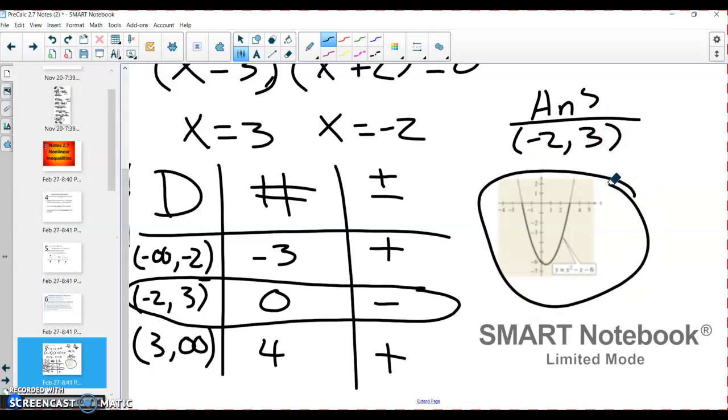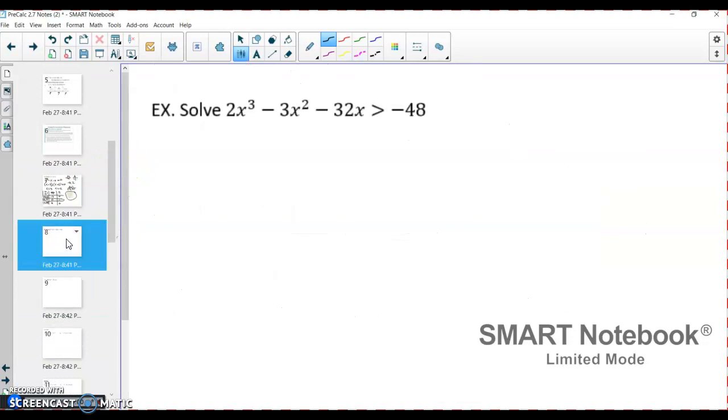Everything to the left, -infinity to -2, is all positive. Everything to the right of 3 is all positive, and the only thing that's negative, or less than 0, is that middle interval. Now on to the second one. We have a little bit more of a challenging one.